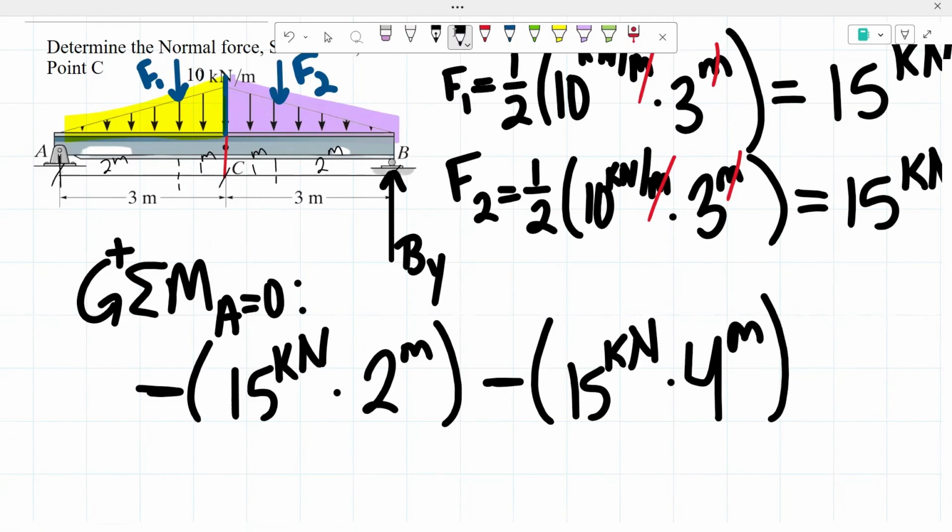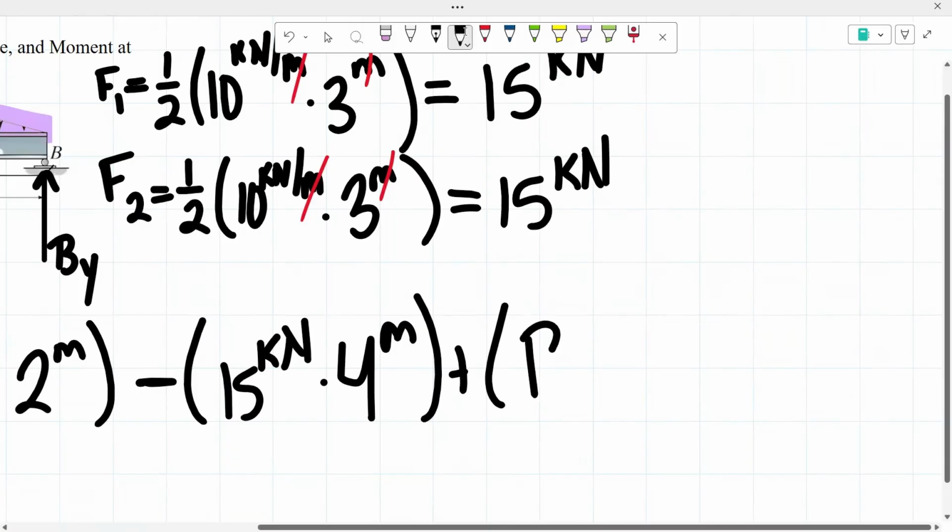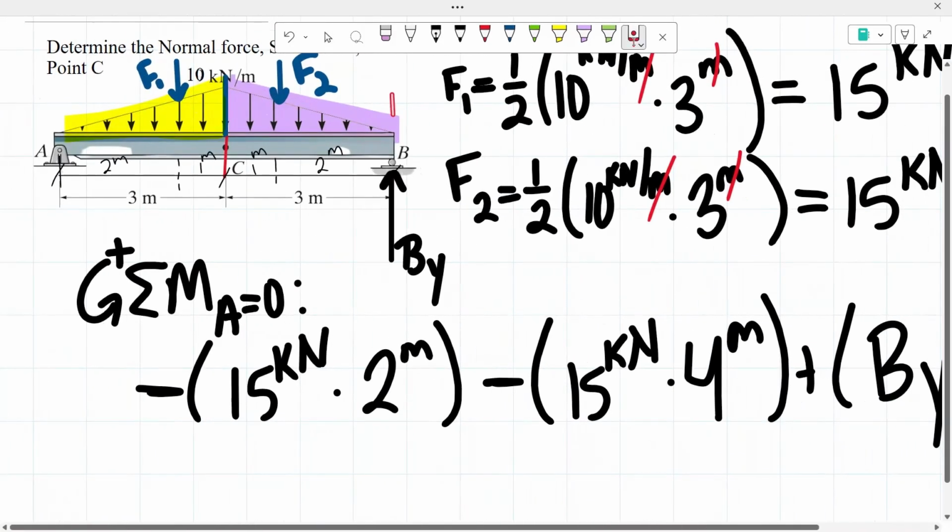And now from there, we have our reaction, B sub y. This is to the right side of our point, but this one's going upwards, so we know it's going to be creating that counterclockwise moment, meaning a positive moment. We don't know the force because that's what we're trying to determine. And as for the distance, from our point A to our point B, there is a distance of 6 meters.